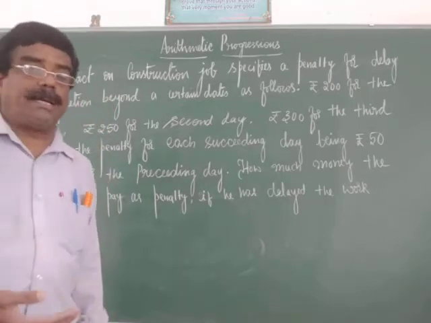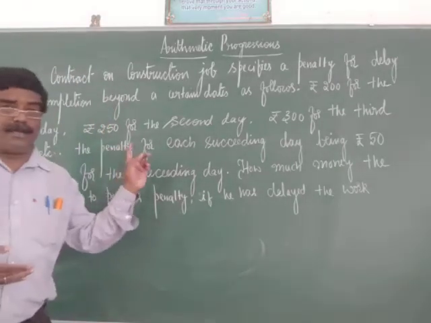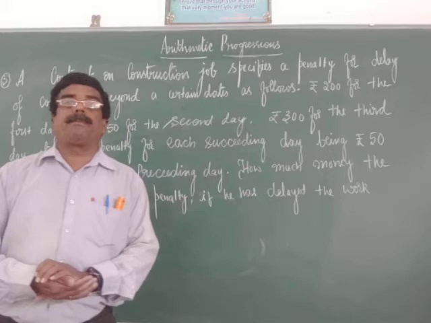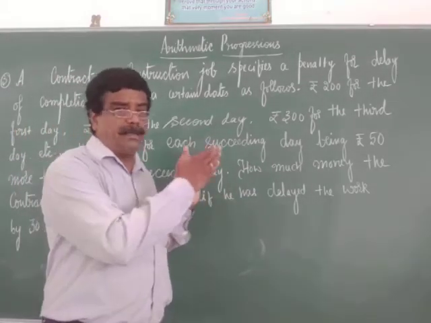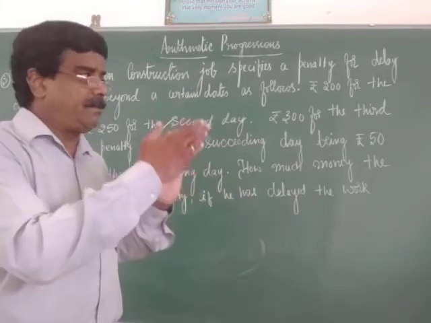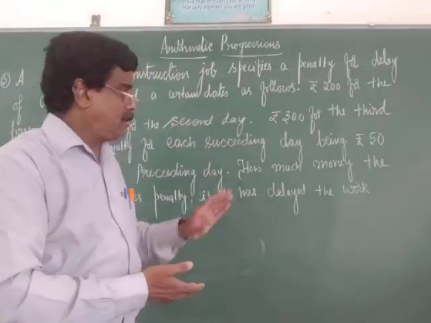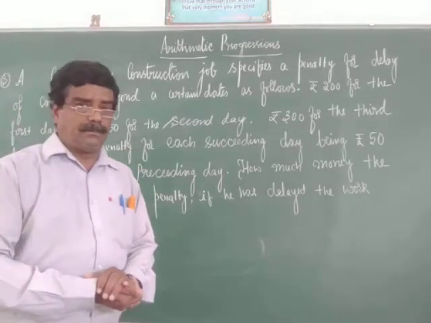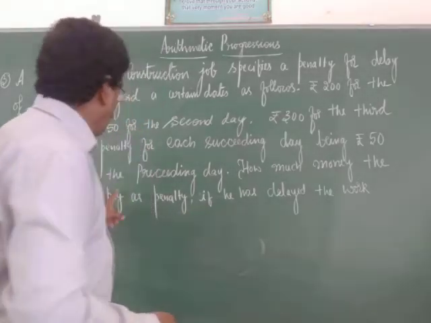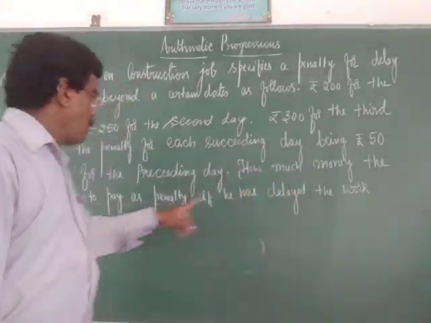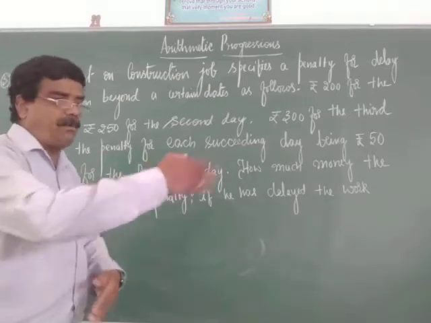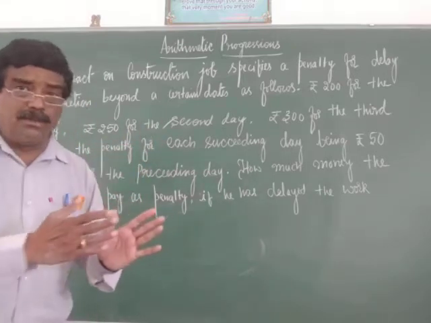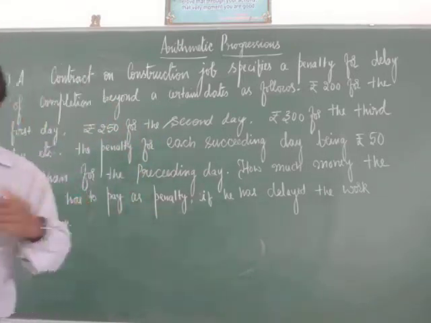See, if you analyze the question like this, since the common difference is a constant, you must know the sum is related to the arithmetic progression. You just go on mentioning the first term, second term, third term, fourth term, fifth term like that. And till how many days it's given? It's given 30 days. Means till the 30th term. So that finally you have to find out how much money the contractor has to pay, means you have to add the sum of all the numbers up to 30 terms. Now this full question can be reduced to one line. That we'll see how we can do.